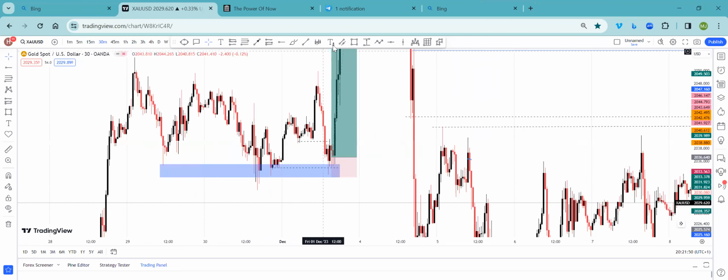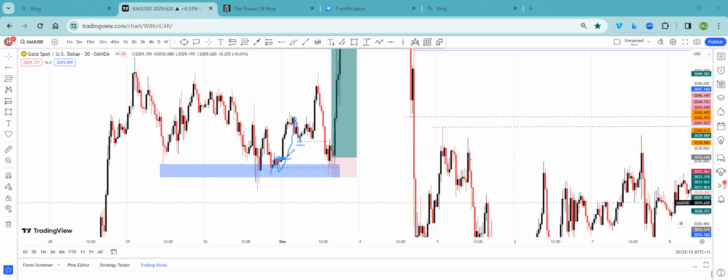Now, if you look at this push, there's already a change of structure here, right? First push, the second push, the third push. Now look at it. This first push and this third push do not give us efficient price action.